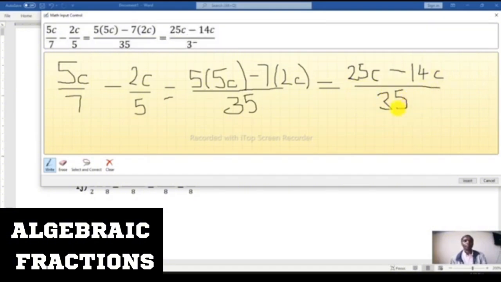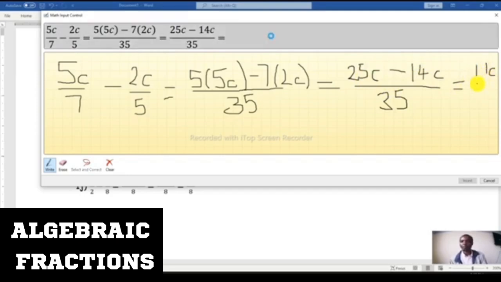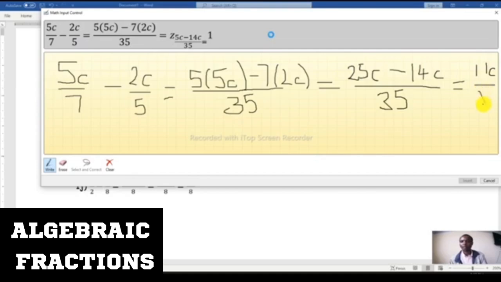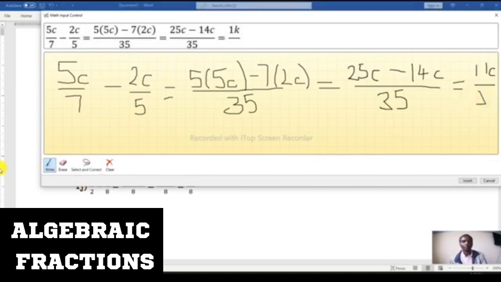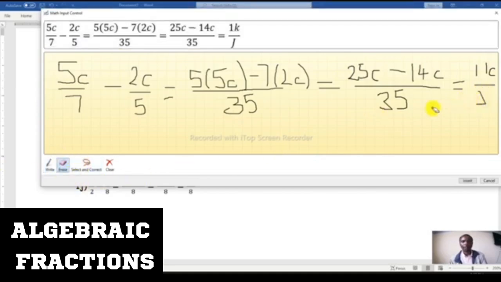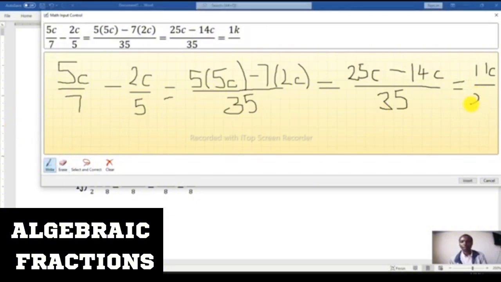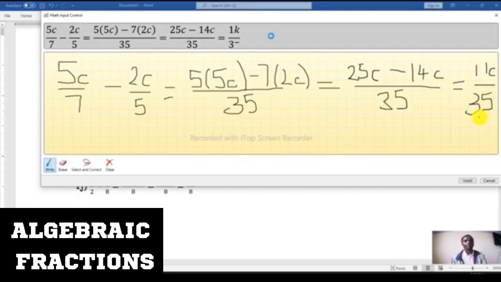Then we do the operations: 25 minus 14 is 11c, over 35.